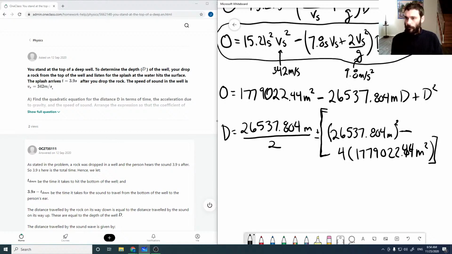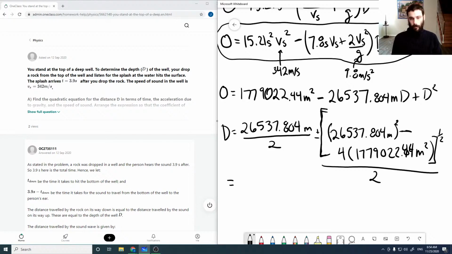Close the square bracket to the power of 1/2 all over 2. So this is a little messy, but this is just this value squared minus 4 times that value and times 1.